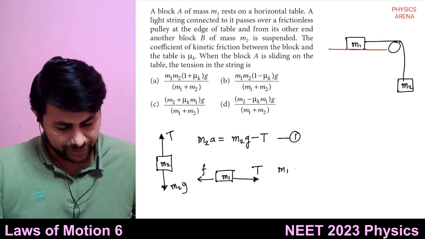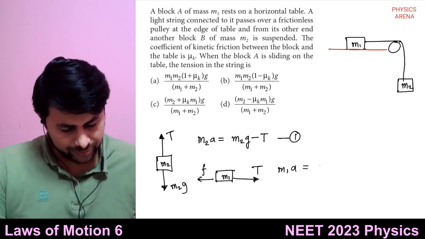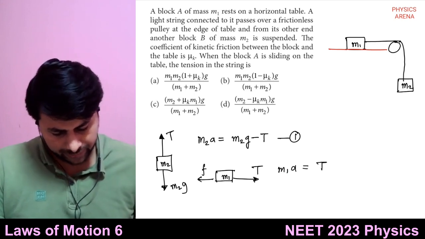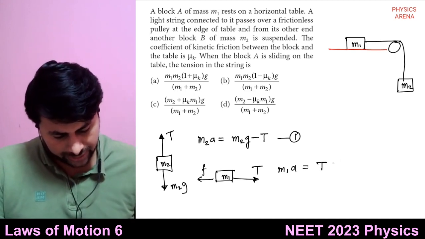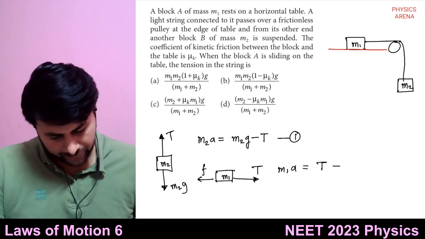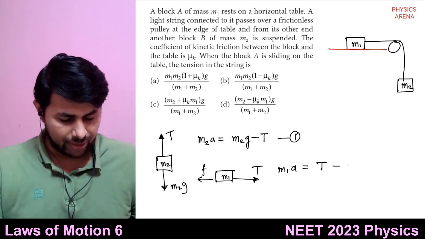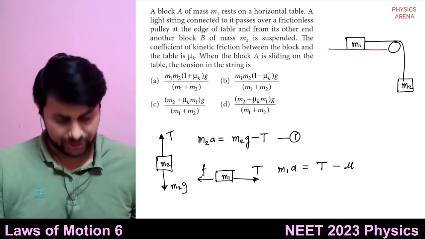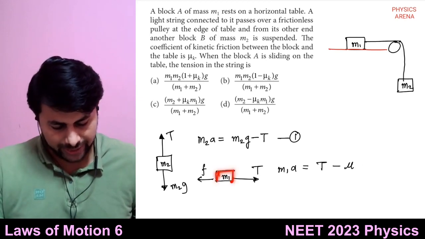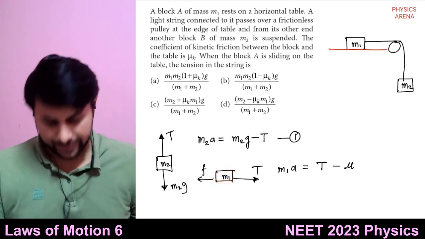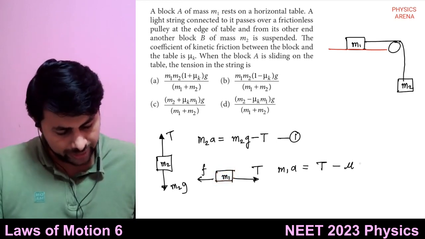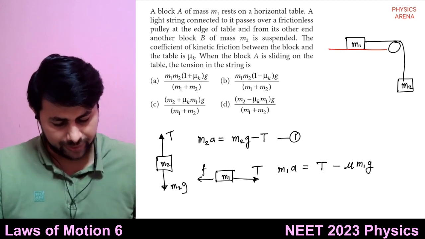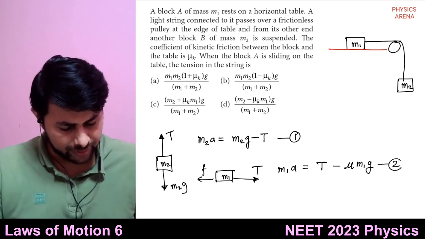You can say M1 times a is equal to the tension in the string minus what? The frictional force. And how much will be the frictional force? Mu multiplied by the normal reaction. And how much will be the normal reaction? It's equal to its weight. So mu multiplied by m1 times g. This is equation number 2.